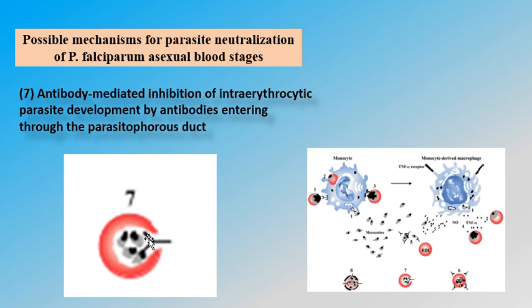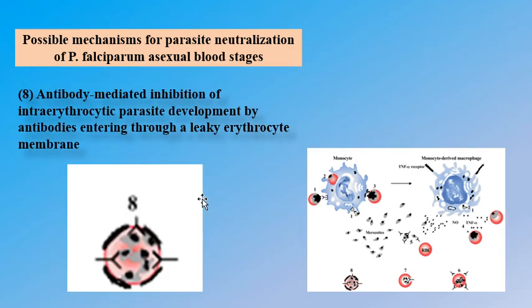So antibodies through the duct of the parasitophorous vacuole can enter and interfere with the development of the parasite within it. In this mechanism, antibodies find their way to the intraerythrocytic parasite just before rupture of the schizont. So this also interferes with the development of these parasites.